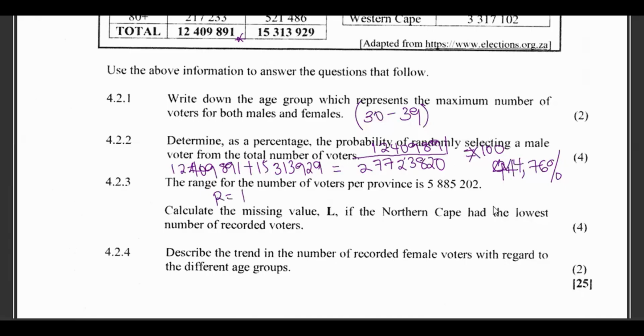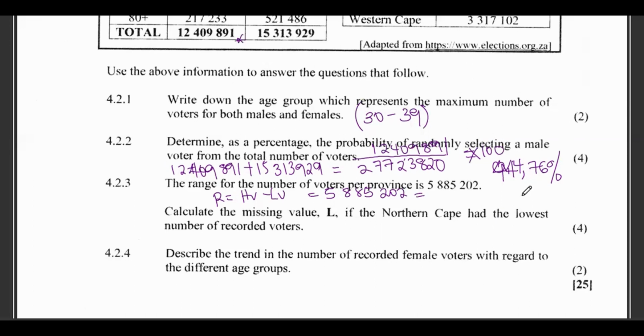Range is always the highest value minus the lowest value. So they have their range as 5,885,202.